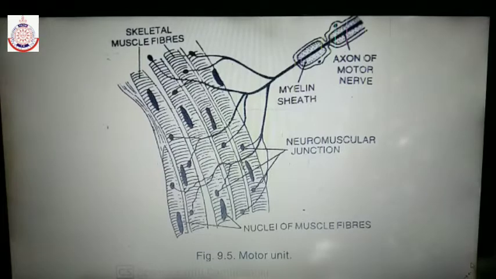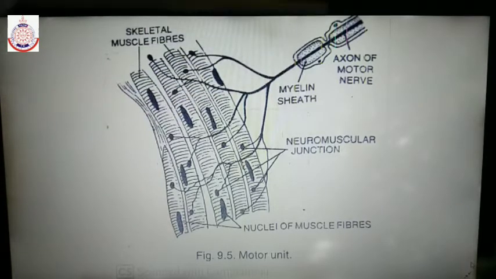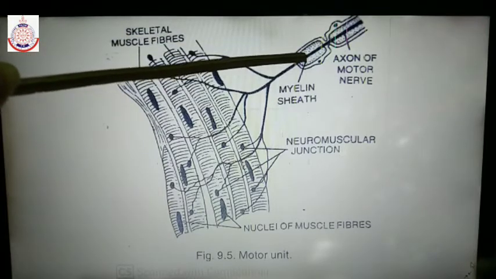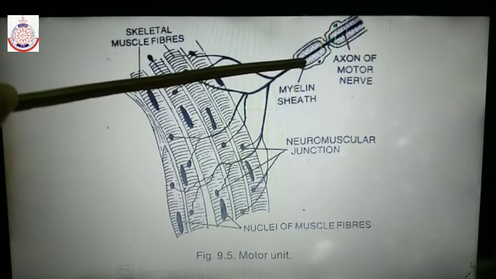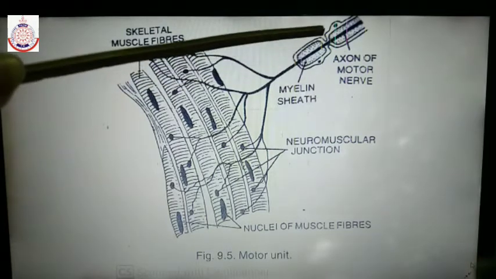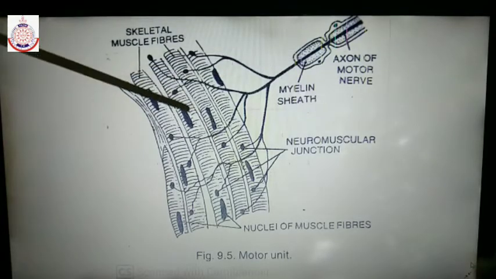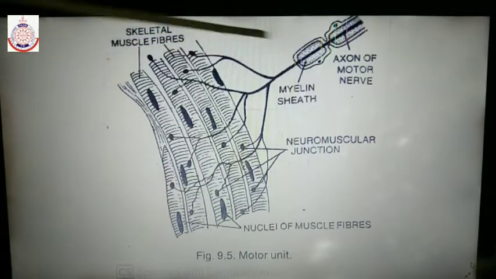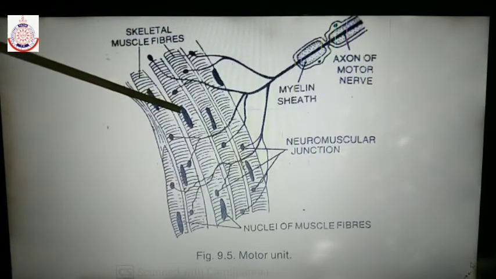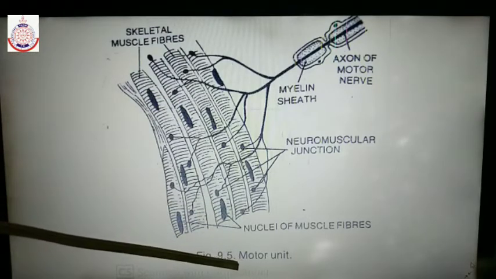So you can see here it is a motor neuron and this is the axon of the motor neuron. The motor neuron carries messages from the central nervous system. When this motor neuron is connected to a muscle fiber, this is a skeletal muscle fiber, it is known as a motor unit.